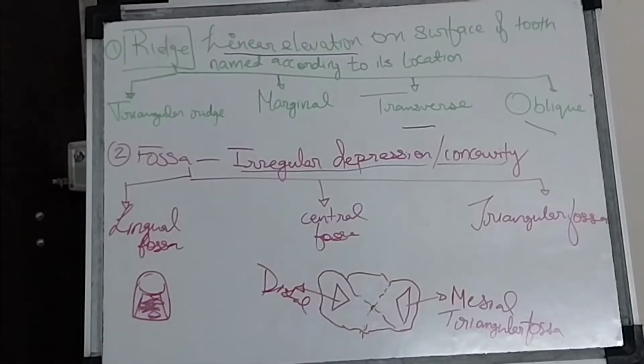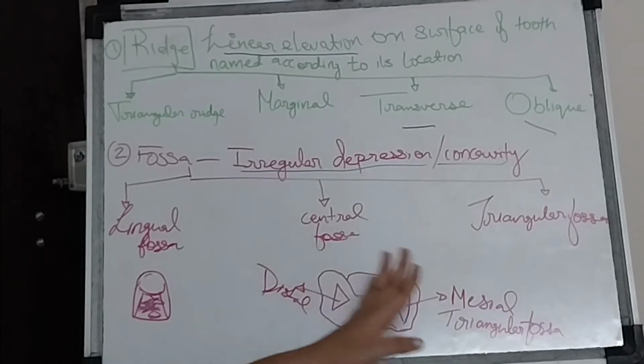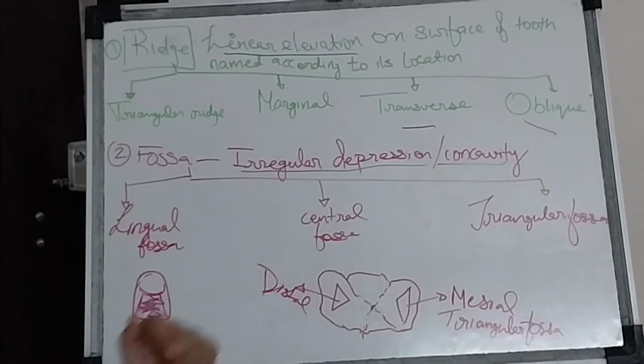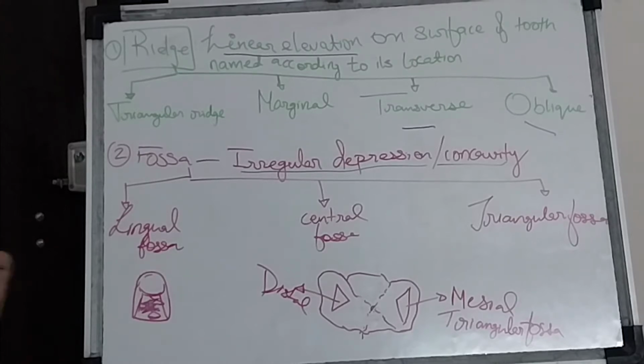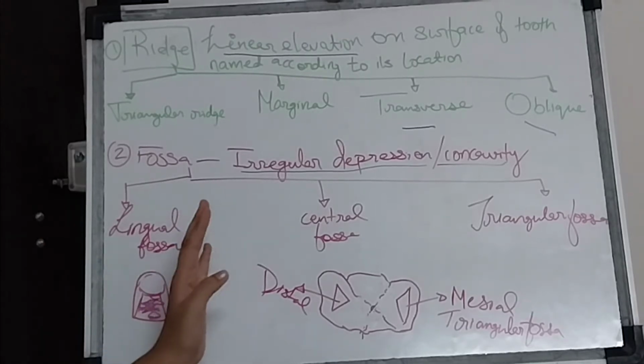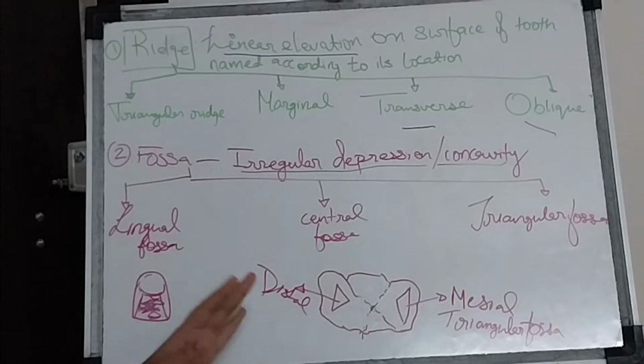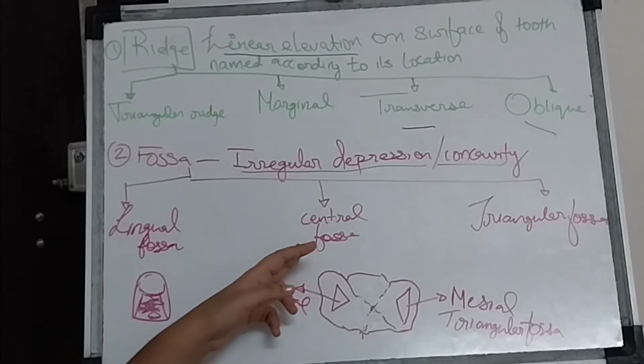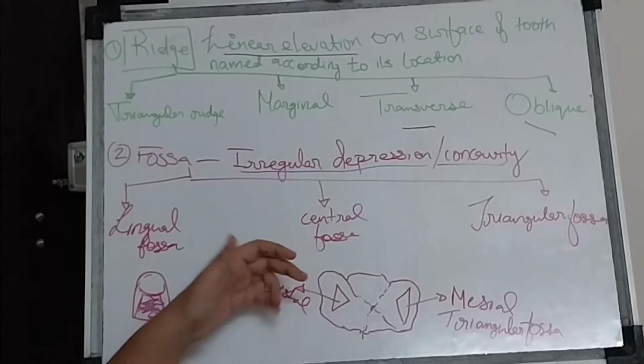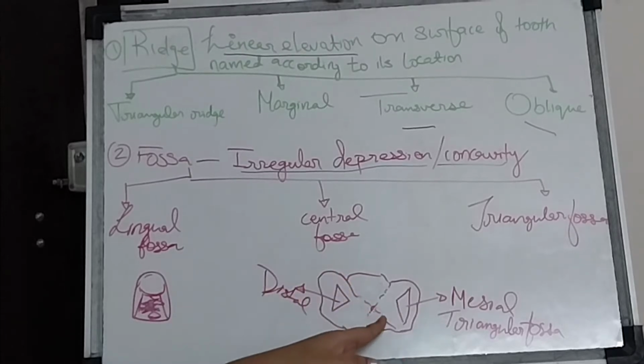And the central fossa is found in posterior teeth. I have drawn the occlusal, the top view of a molar. Here they are present on the occlusal surface of molars. The central fossa is formed by the ridges terminating at the center pit, here at the bottom of the depression near the junction of the grooves.